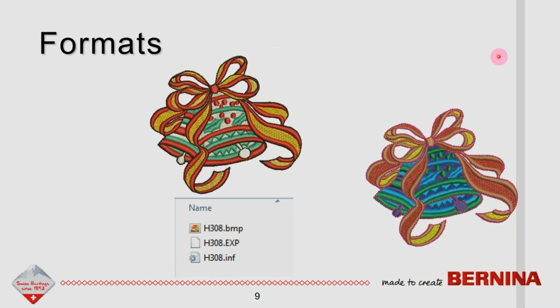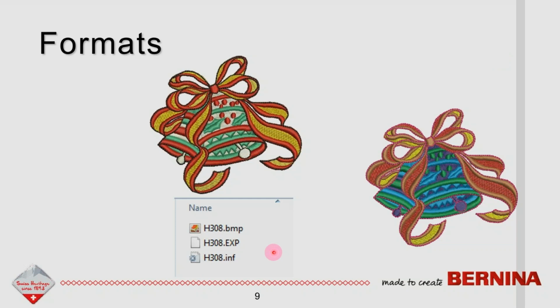I also want to mention formats of designs. Your on-screen colors may appear rather strange at some times, and that's because some file formats don't carry color information. The bell on the right that you see does not have color information. This is actually a regular EXP file, not a BERNINA EXP file.